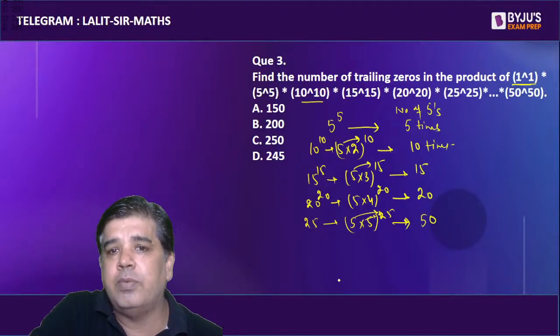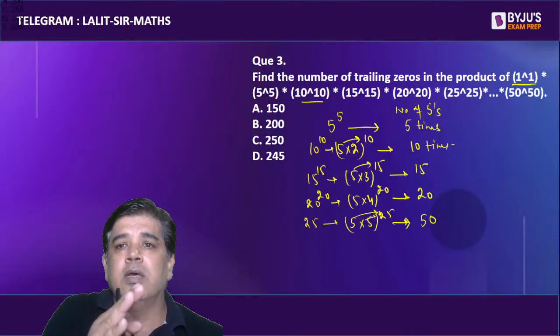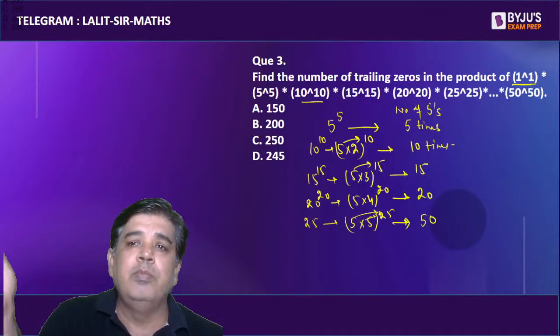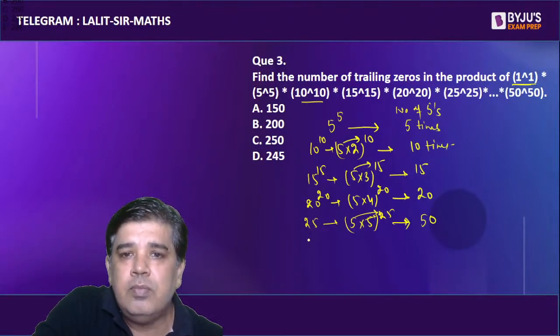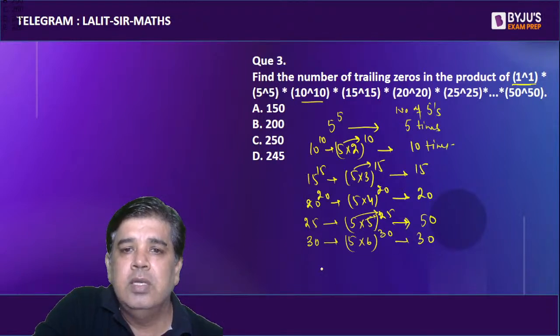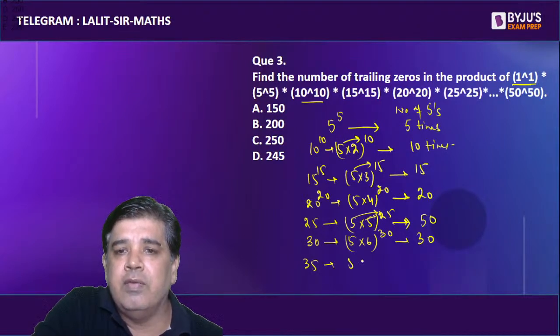With a gap of 5, 5, 5, 5, we will move up to 50. So the next number will be 30, 5 into 6, raised to power 30. So 30 times. Then 35, 5 into 7, raised to power 35, so 35 times.